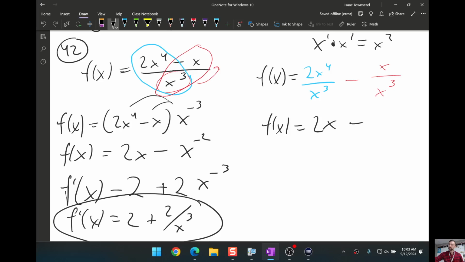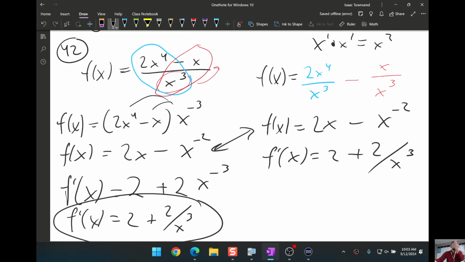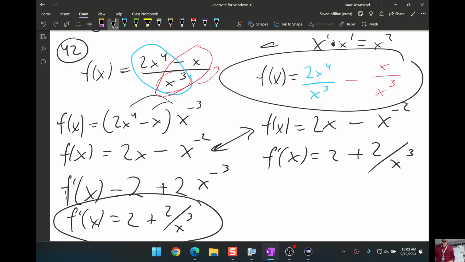This fraction simplifies to be x to the negative 2. And then you can see I'm working the same question that I did over here. So if you really think this is easier, again, there's nothing wrong with it. But that idea of splitting apart your fraction into multiple terms, splitting apart your numerator, I think is going to be a better strategy for you moving forward.